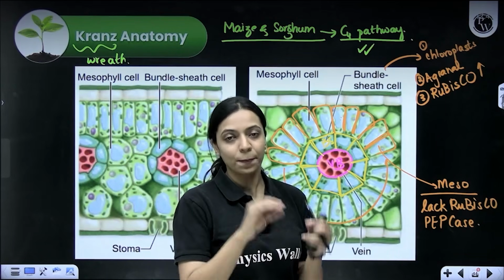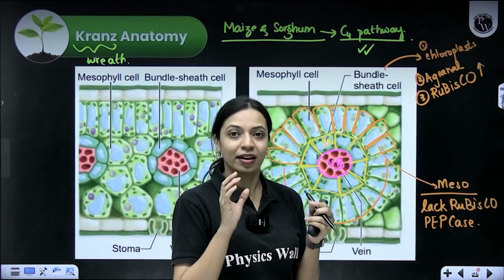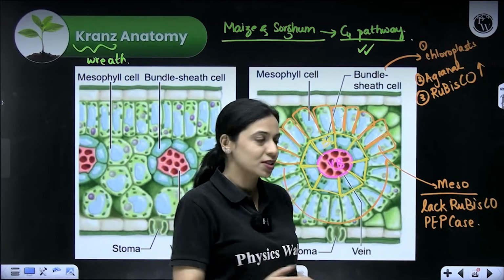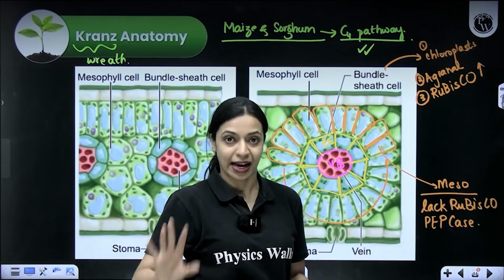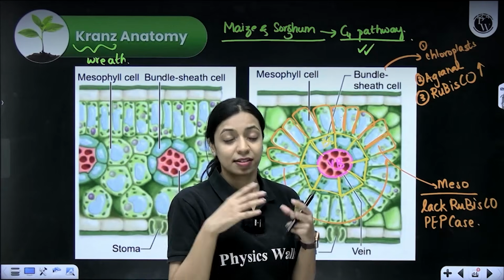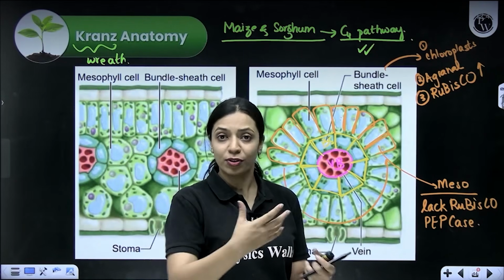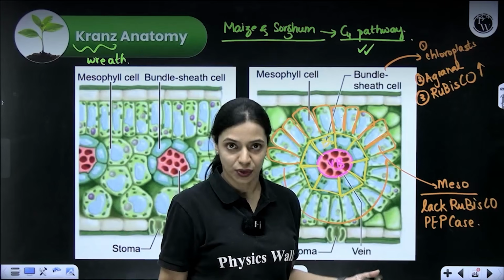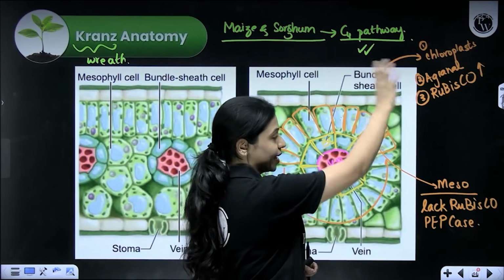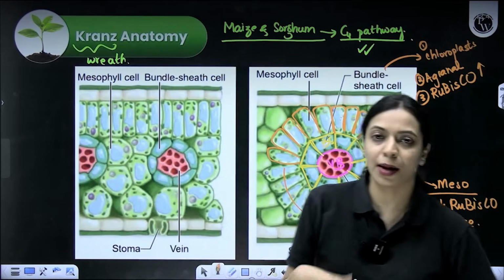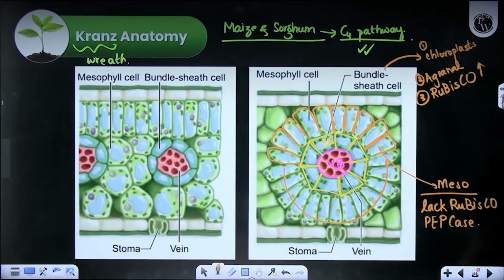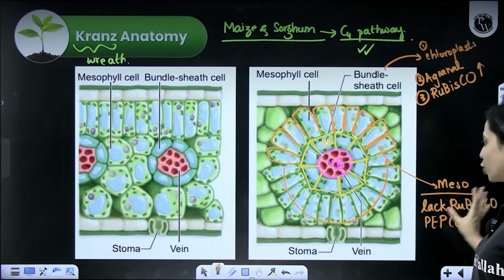In that way, carbon dioxide concentration is maintained high at all times in the bundle sheath cells where Rubisco is active. Also, the cell wall of bundle sheath cells is very thick, so oxygen from surrounding cells can't randomly diffuse into the cell. That is how it ensures that carbon dioxide concentration is maintained high. Mesophyll cells lack Rubisco.